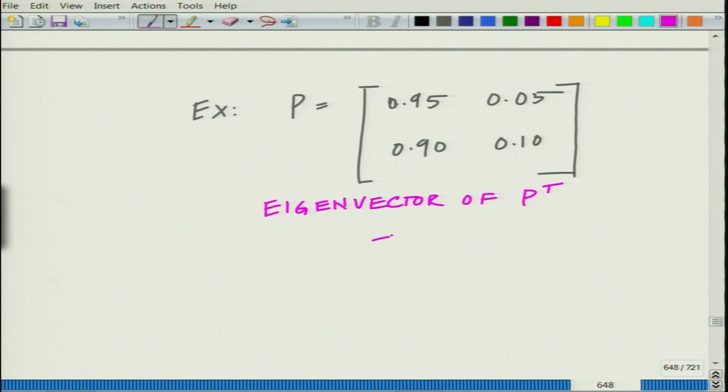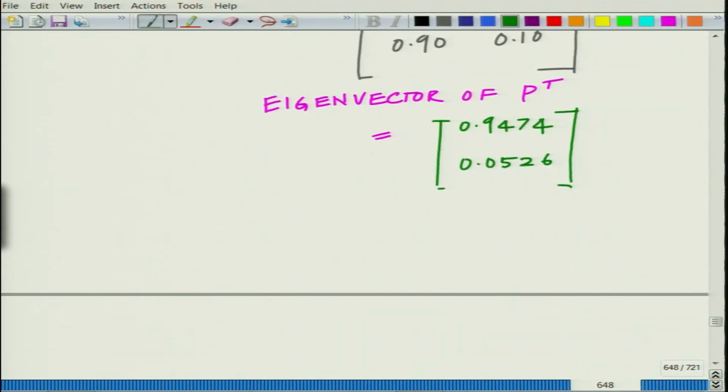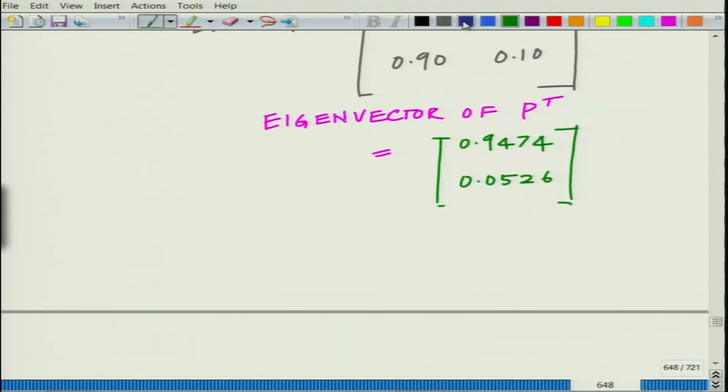This is equal to, once again not very surprisingly, 0.9474, 0.0526, which is nothing but the first row of P^n as n tends to infinity, the same as the limiting distribution. This is by and large true.